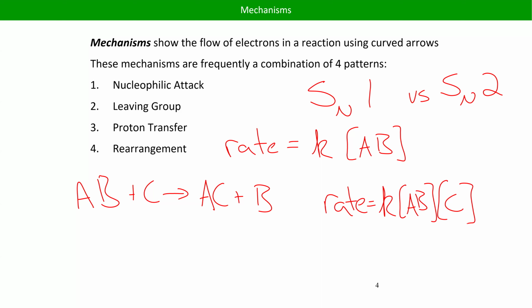If it's second order, then you can change the concentration of either of these and change the rate of the reaction. And what that tells us is that C must run into AB in the slowest part of the reaction. We'll come back to that. I just wanted to remind you of those ideas of rates. I'll go over my old notes when I get these.